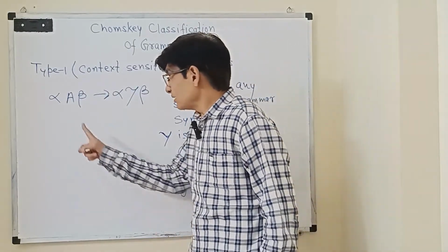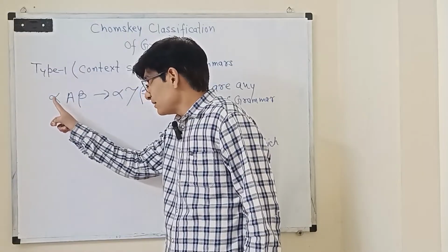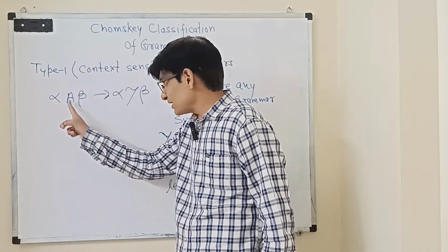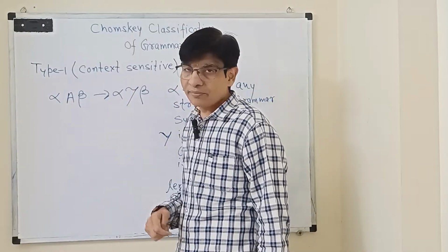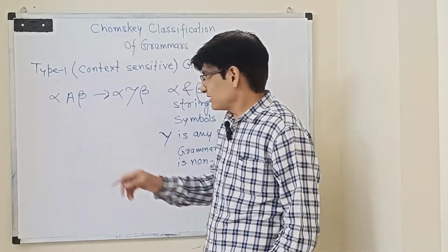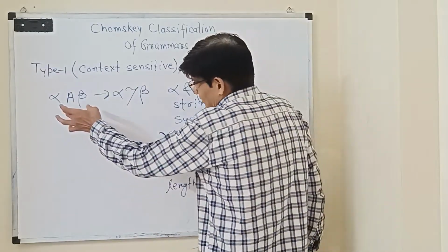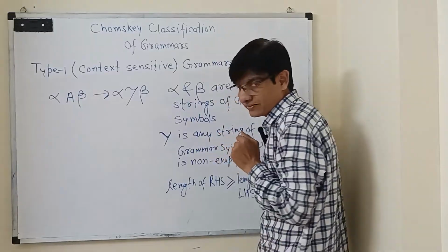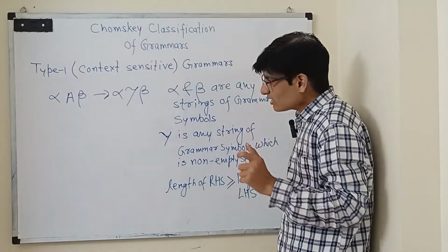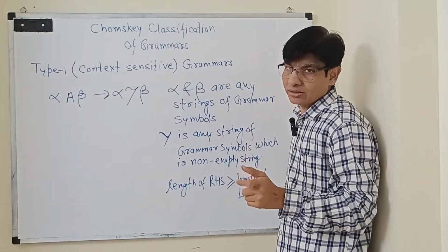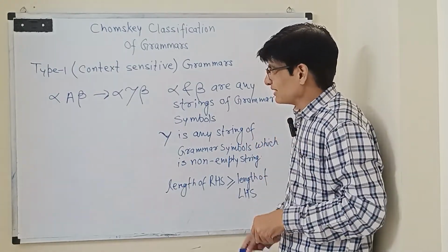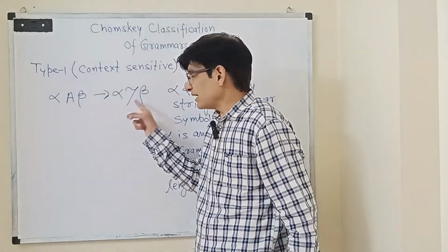Like here, if a is preceded by alpha and followed by beta, then we can replace a with gamma. So this is representing the context of a as alpha and beta, and the meaning of a is depending on the strings alpha and beta. So this is context sensitive language.